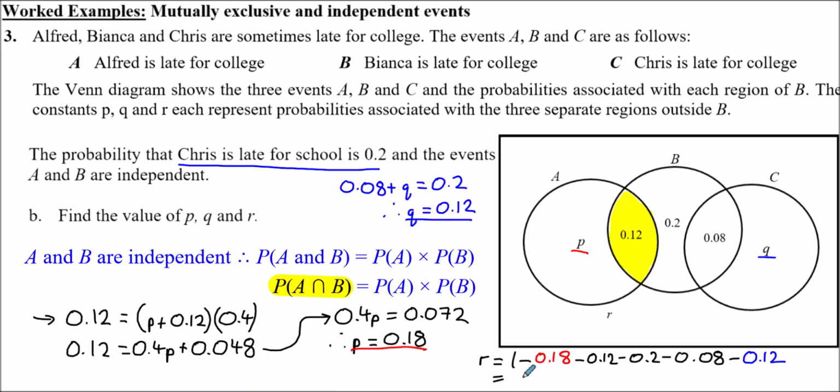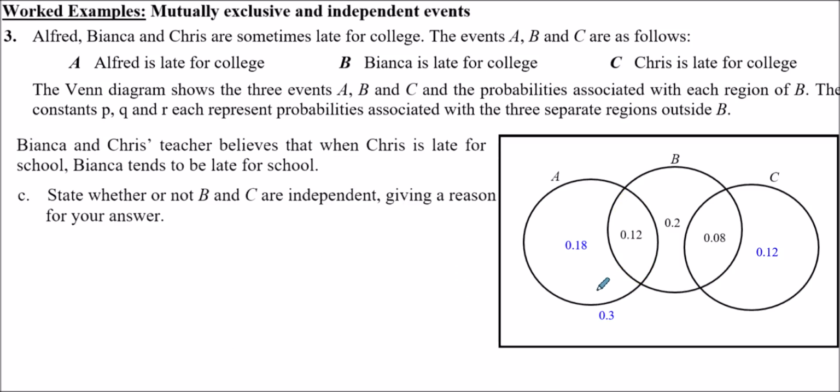So R is 0.3. So we can now add this information on to the Venn diagram. We can replace P, Q and R at this stage with the actual values they represent. So now using these values, we're better placed to tackle part C.